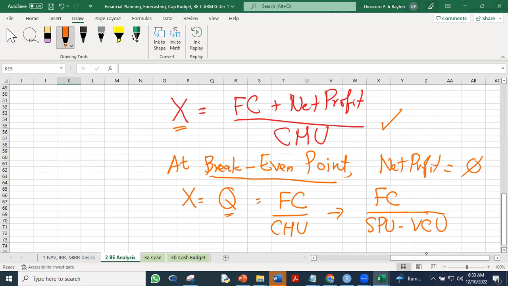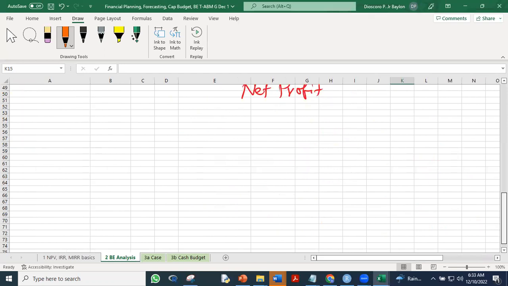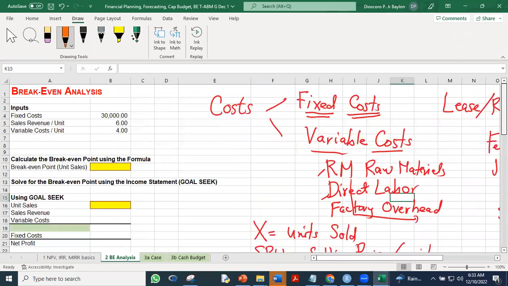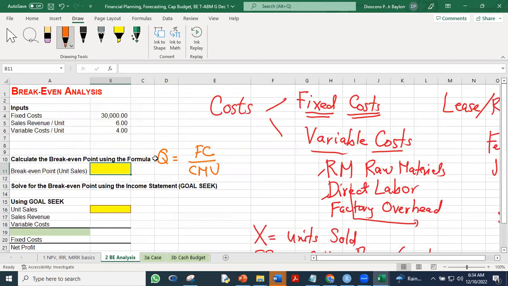So in this case, let's solve it here. All right, so the formula for break even here, Q is equal to the total fixed cost divided by your contribution margin per unit. Okay, and take note, this is selling price per unit minus variable cost per unit. Okay, so if we're going to follow the formula here, let me increase the size.